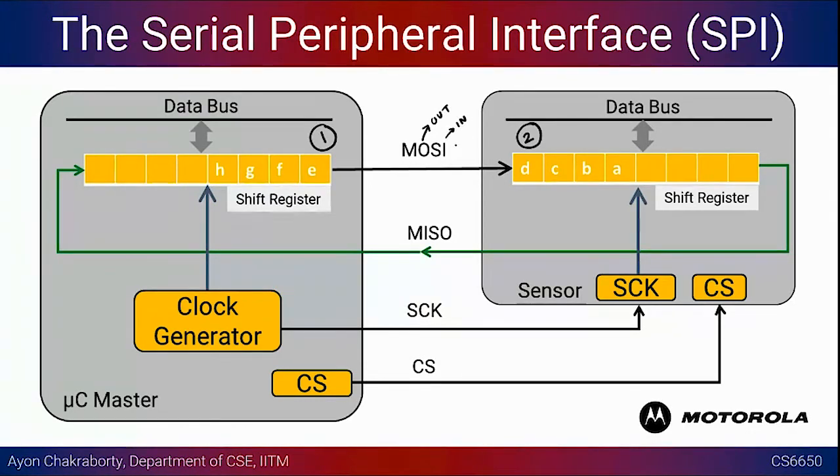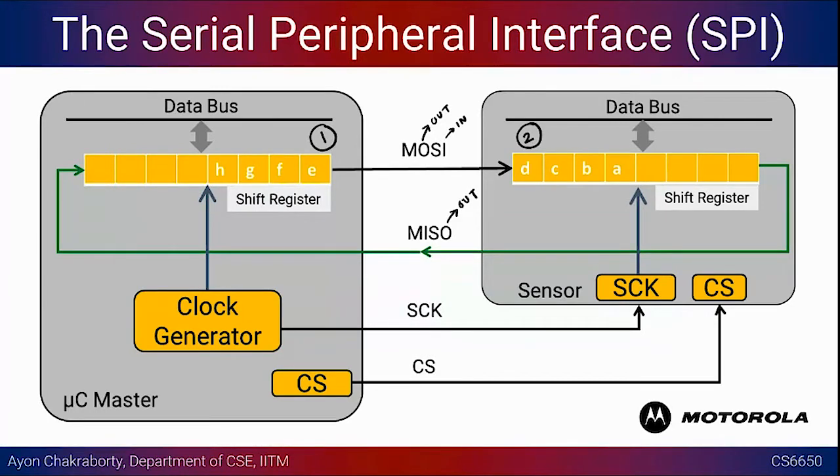This is one option. And the other option is that the data could also be transported from the sensor or the slave device to the master or the microcontroller in the other direction, right? This is known as master in, slave out.